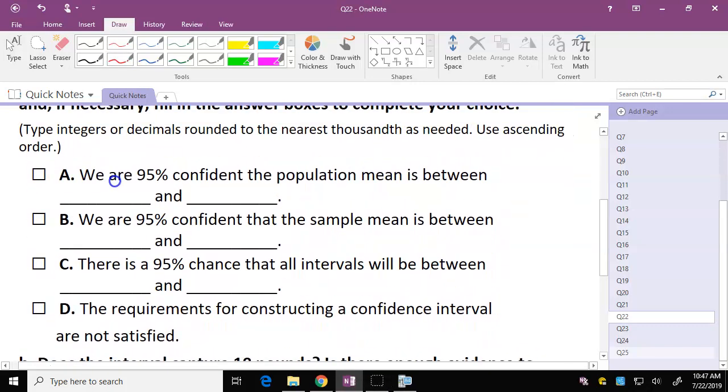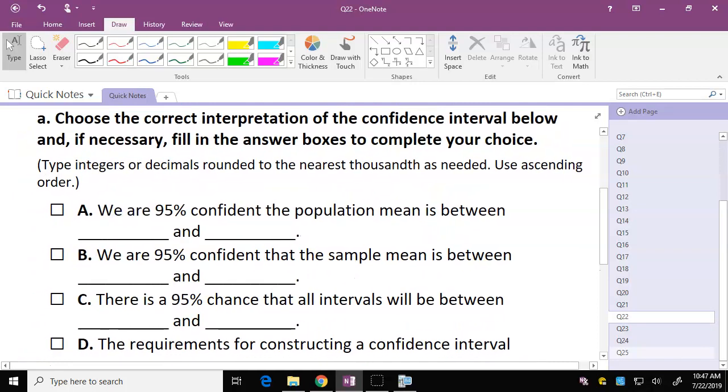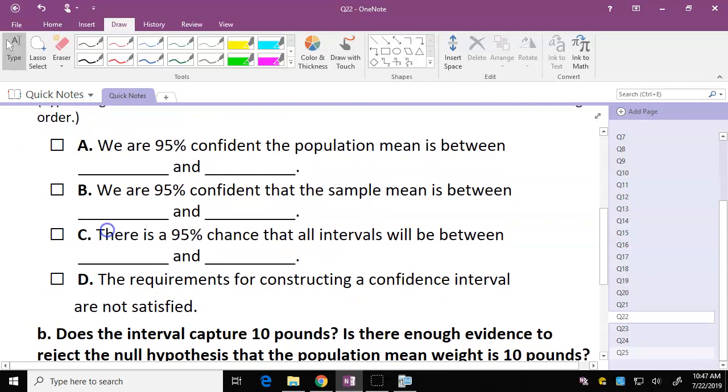First off, part A says choose the correct interpretation of the confidence interval. Which one would we be selecting? A, because it doesn't say probability or chance. Chance is another word that means probability. And it is about the population.